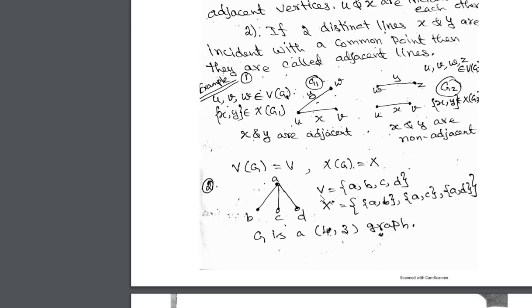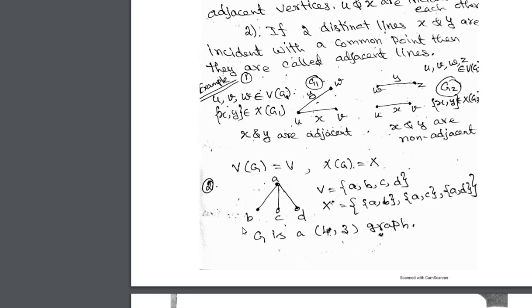Now here you can draw the graph. There are 4 points A, B, C, D, and X is lines. A and B will be joined by a line. So AB you can draw a line, and another one is A comma C, and AD is joined by this line.